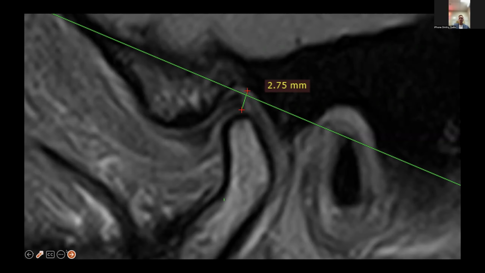But if the anterior part of the TMJ disc is larger, you have a problem. When you create this line from the orbitale and porion, you can create all the measured parameters between the condyle and the fossa space.